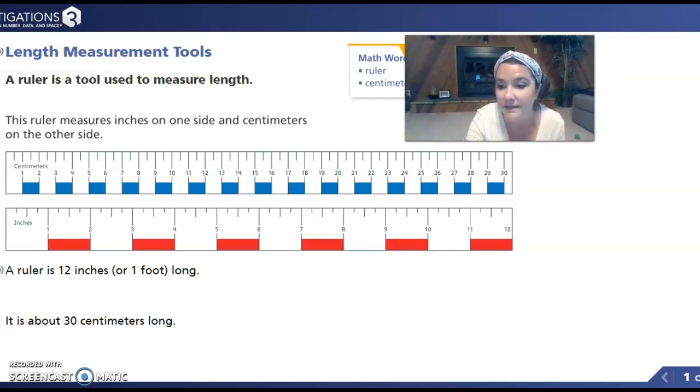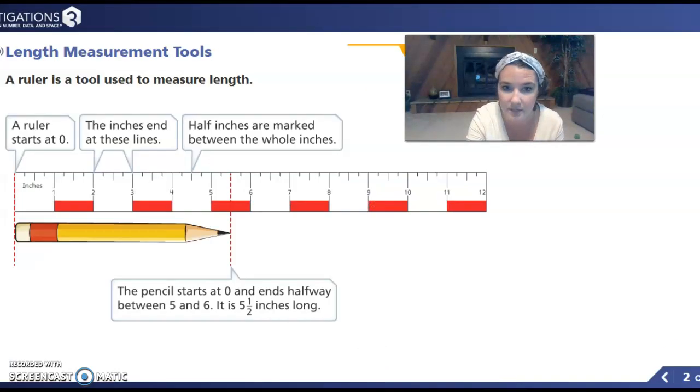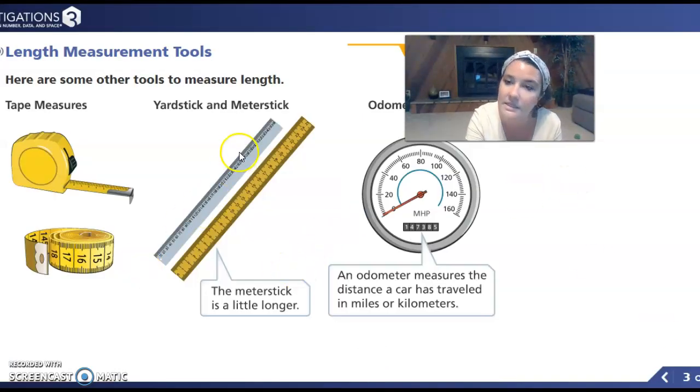So when we go back to look at these tools here, a yardstick is 36 inches long. So a yardstick is part of the U.S. standard system, and it's 36 inches long. About how many feet is that?